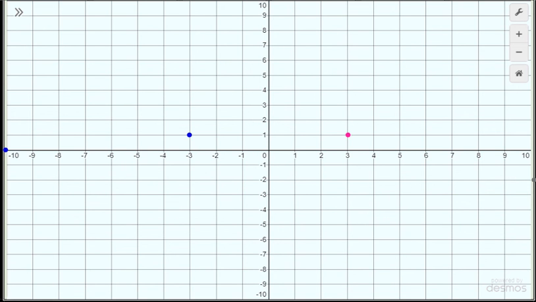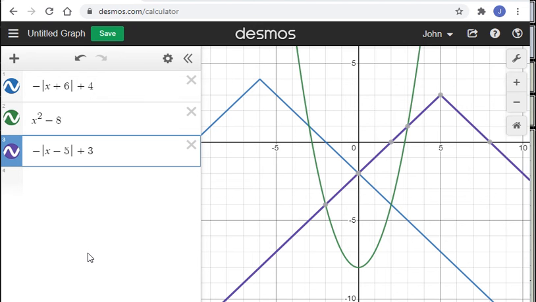So now I'm going to go to a Desmos calculator and plot this function on a graphing calculator. So notice when I put our 3 functions into the graphing calculator, our first function is this absolute value function, going all the way over to negative 10. Our second function is this quadratic coming down.